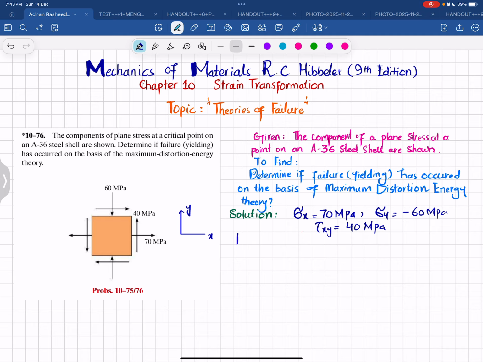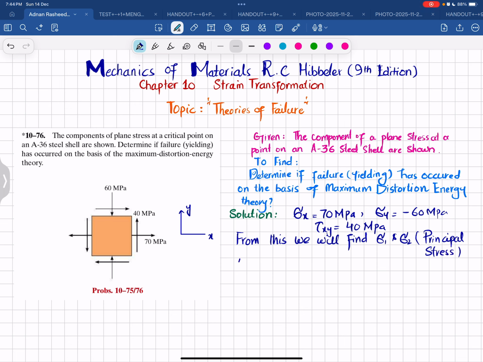From this we will find sigma 1 and sigma 2. What are these? These are known as principal stresses, and principal stresses are the maximum stresses that are acting on the element.